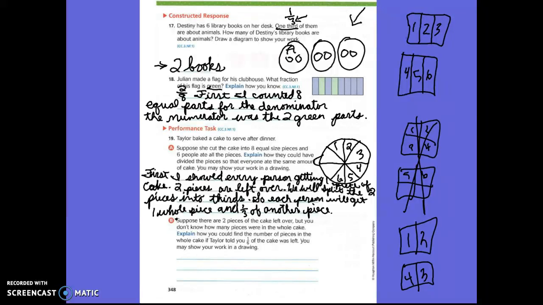Okay? So 1/6, what does that tell us? What does 1/6 tell us, guys? There's 1 shaded and 6 equal groups. So let's do that.